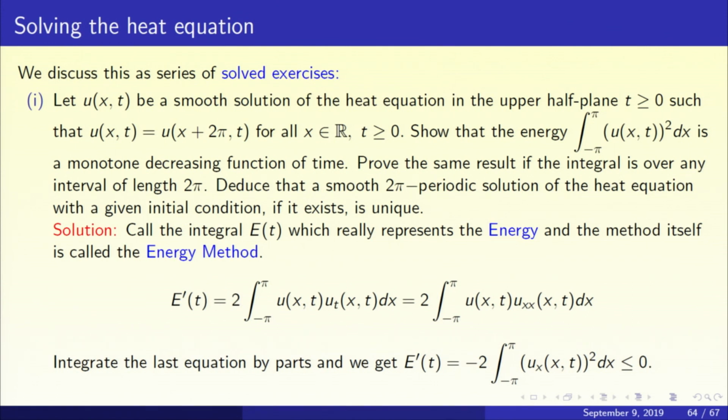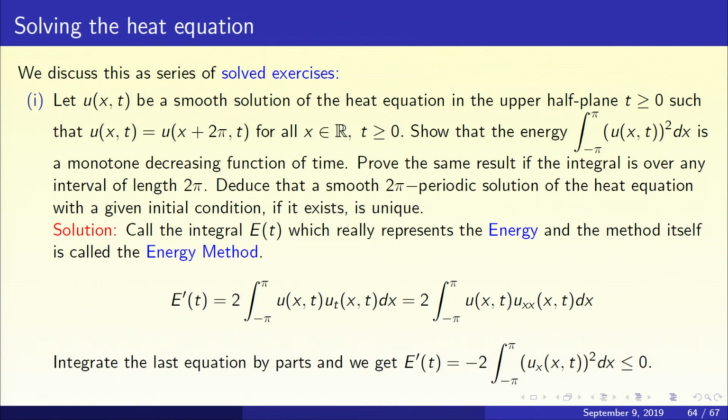Call that integral from minus pi to pi of u of x comma t the whole squared dx as E of t. It depends upon t. You are integrating with respect to x, the result will still depend on t. So that is why you call it E of t. Let us differentiate the energy E of t. E prime of t is twice the integral from minus pi to pi of u of x, t times u_t of x, t dx.